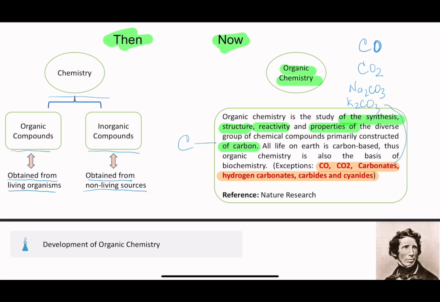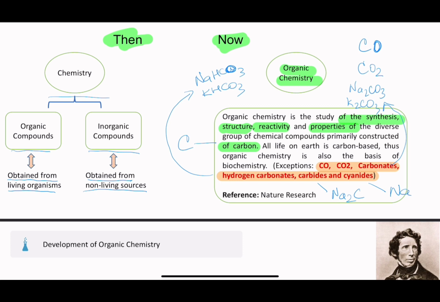Then I will give you examples of hydrogen carbonates, which are sodium hydrogen carbonate and potassium hydrogen carbonate. And for carbides we have sodium carbide, and then cyanides.